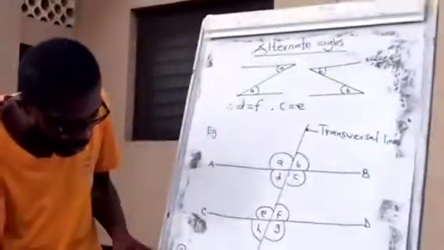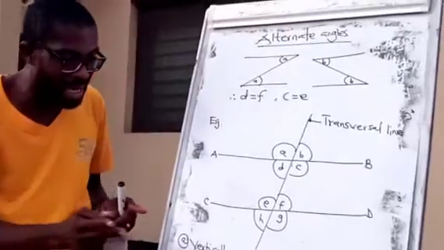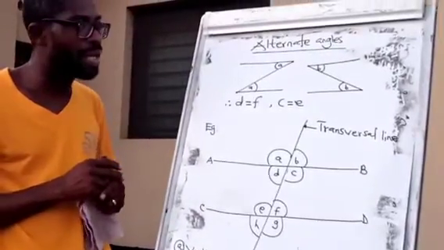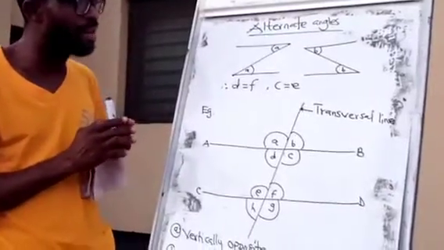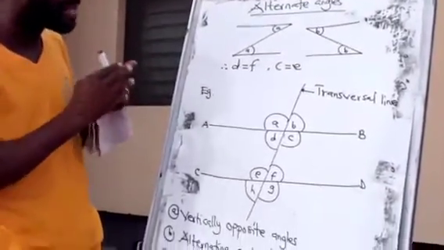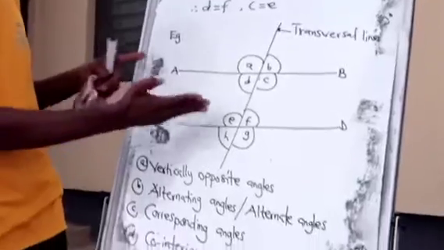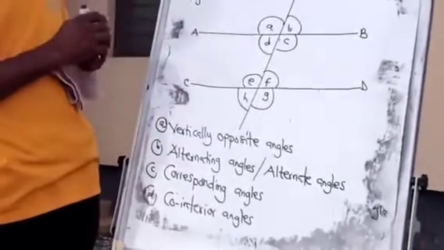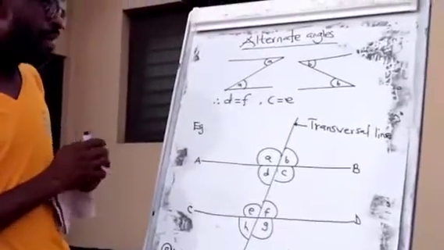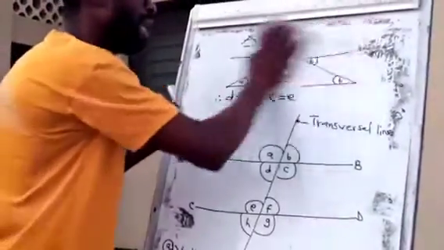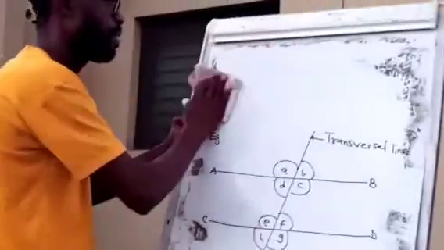Then we can also talk about corresponding angles. That's alternate angles from the vertices of Z, linking up to our transversal and the parallel lines that we have here. Okay. Then we move on to the corresponding angles.